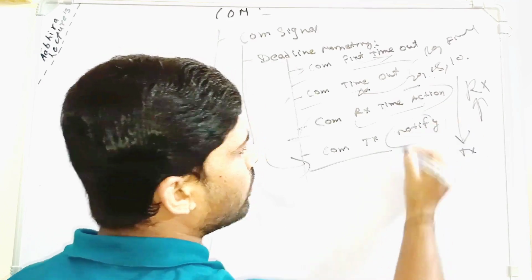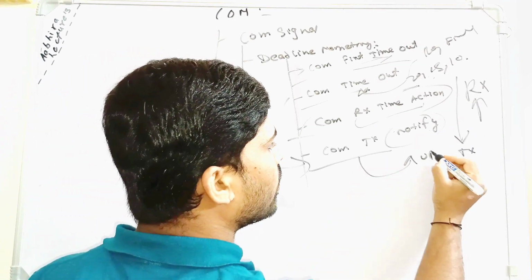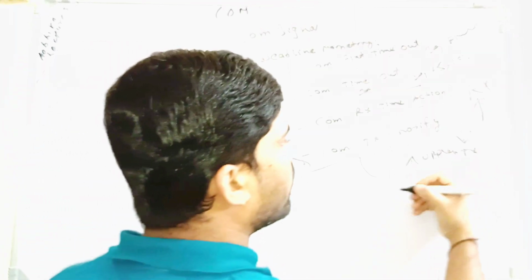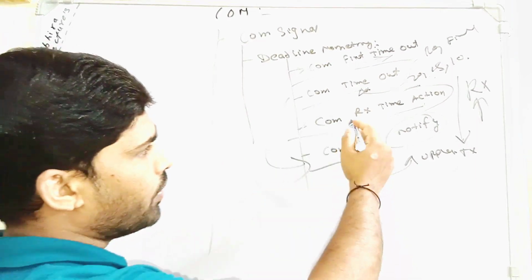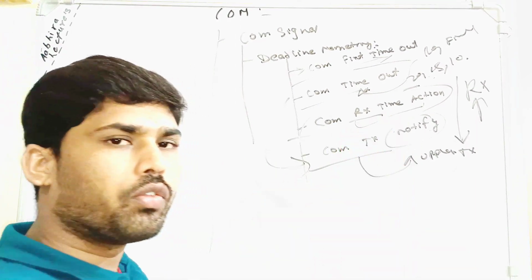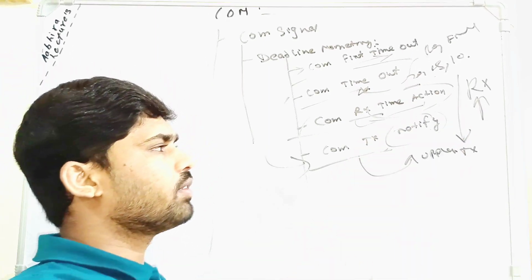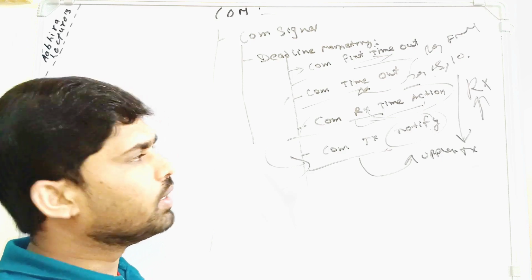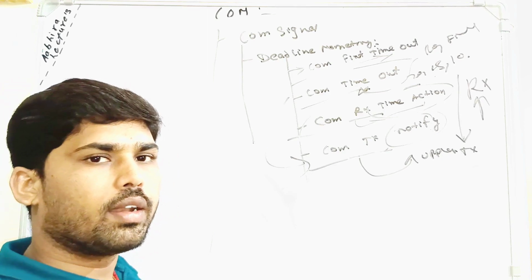It will notify the upper layer. Okay, so that is the main purpose of both. If we configure the rx side, it will take some action. If it is the tx side, it will notify the upper layer. Okay, so these are the four parameters in deadline monitoring.